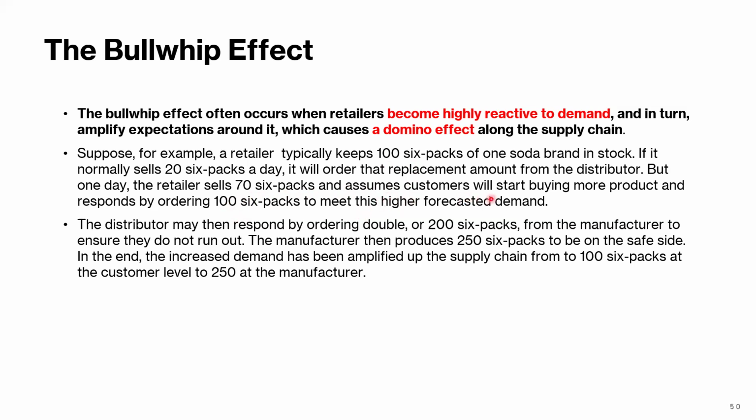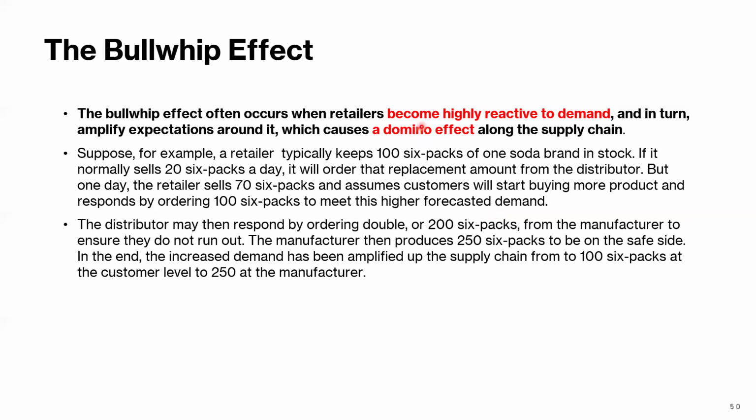So assume customers start buying more product, and the retailer responds by ordering 106 packs to meet the higher forecast demand, right? Normally they sell a particular number, but because of the sudden spike in purchases, they expect they might be selling more, which is why they order more from the distributor.